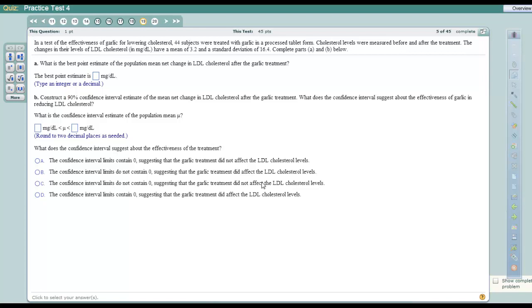T, because the standard deviation describes the sample, right? And our sample size is greater than 30. I'm not going to go back through and put it in again because hopefully you got that part. There were 44 subjects. Yep. All right, questions about that?